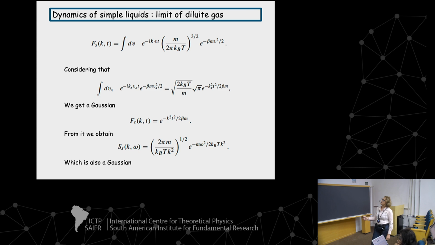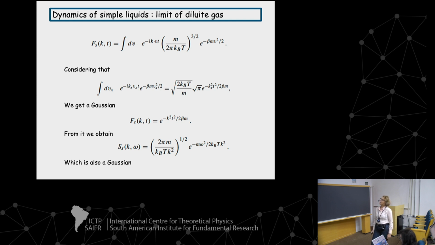So I take the expression of F self that I have to average, and I weigh it with the distribution function. Then I use the fact that this integral in the x direction is equal to this with the square root of pi. This is a known integral. We get a Gaussian for F self of kt.